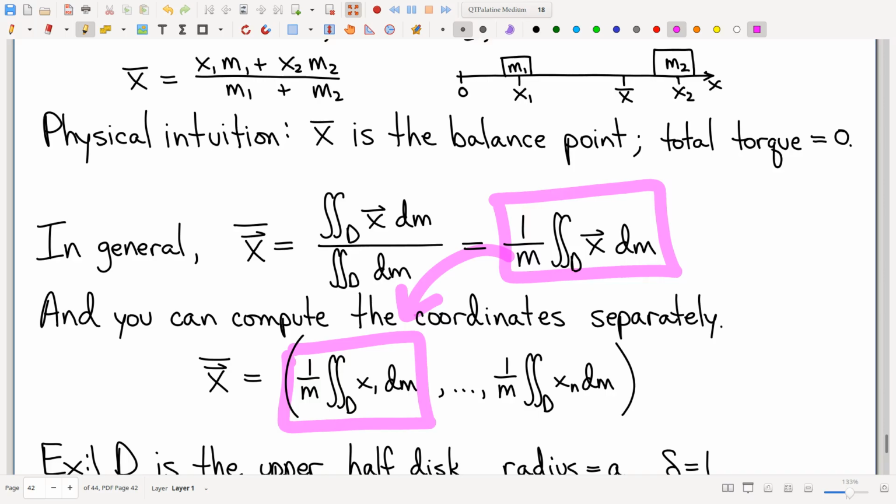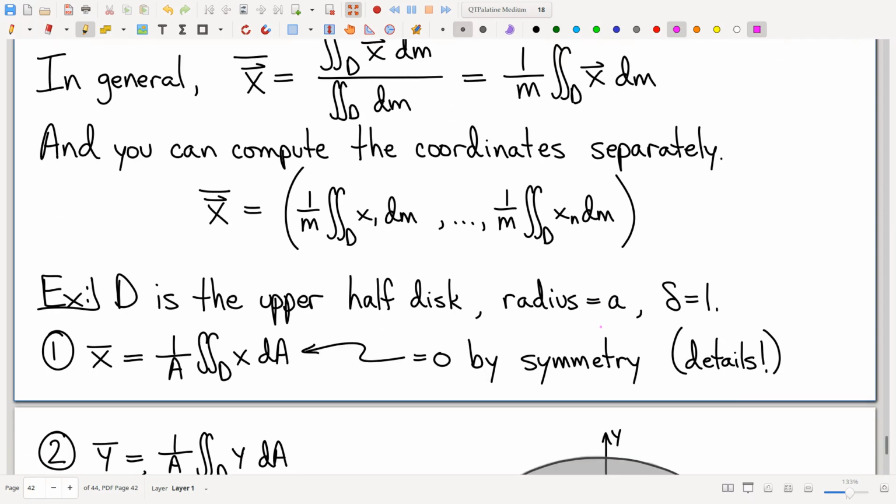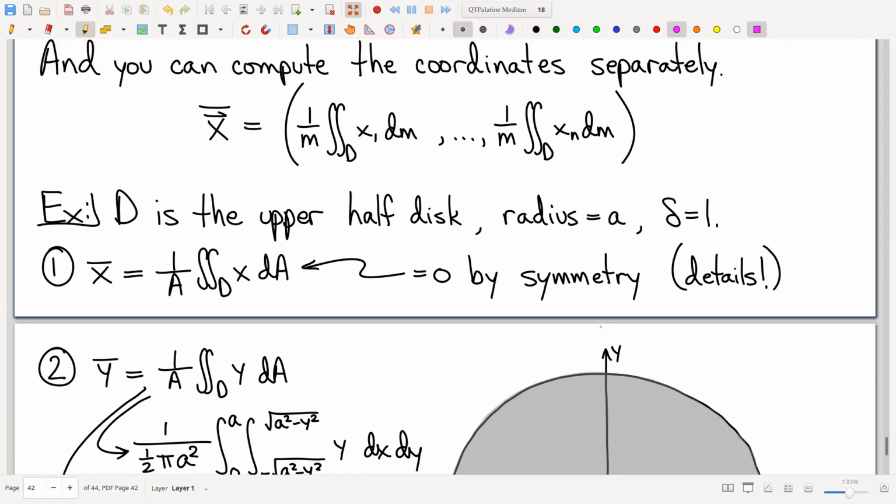That's just a regular old, plain old, real value double integral. Nothing creepy. And then likewise for all of the coordinates, and finally the last coordinate would be this. Okay. So in practice, the way we compute coordinates of a center of mass is we compute the coordinates separately.